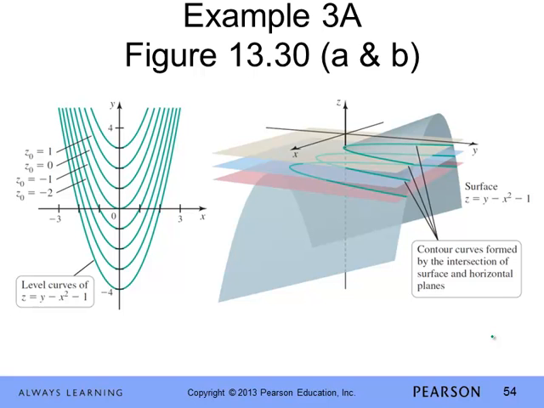And of course, as z increases in value, you know that the elevation is going to be increasing. So as these level curves go this way on the xy plane, you know that the elevation is increasing in the z-axis. And indeed, put all that information together and here's your surface. Is this making sense, kind of?